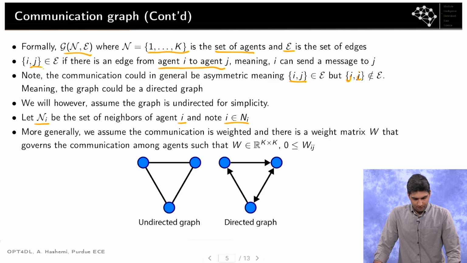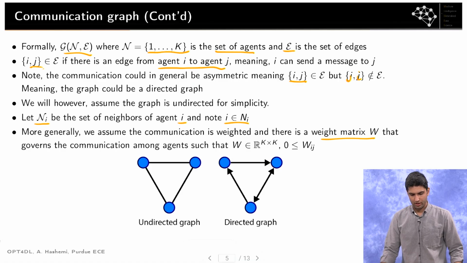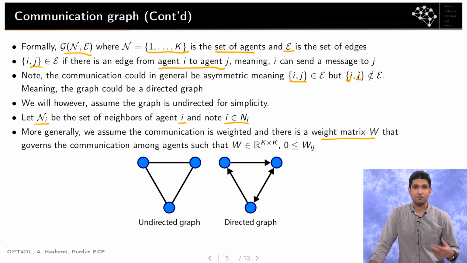Now, more generally, we're going to assume that these edges that I'm talking about are actually weighted. So the communication is weighted such that there exists a weight matrix W that governs the communication among the agents. It's essentially to model the cases where potentially I trust one of my neighbors more than the other one. So if I receive a message from the first neighbor, I may want to prioritize that over the second agent. Another case is that I know I'm communicating in a noisy environment.